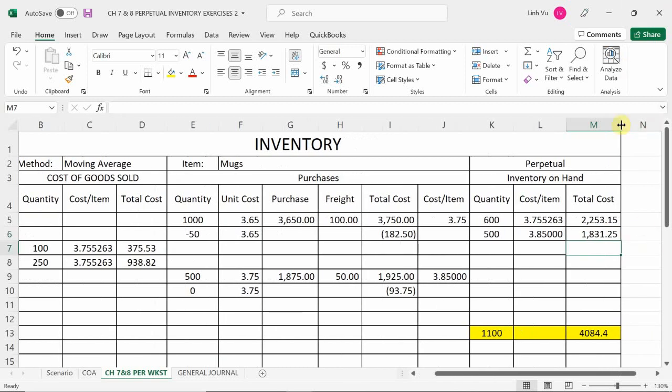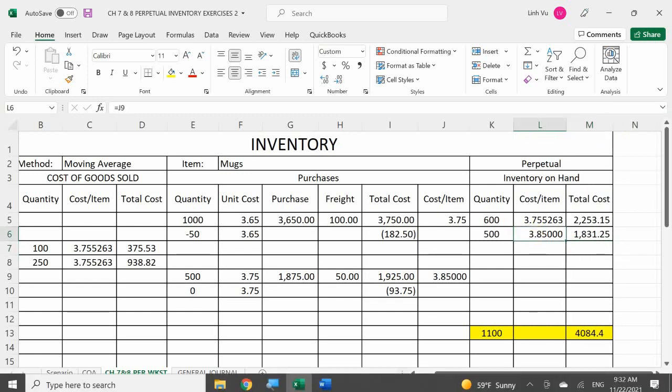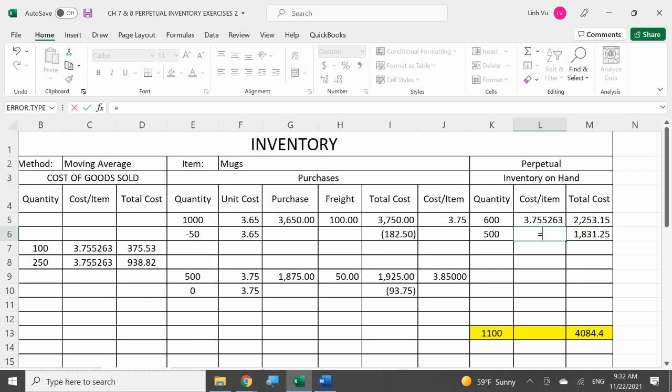So $93 less here. So then what is going to be my new cost per item? It's no longer $3.85, right? It's going to be 1831.25 divided by 500. So what's my cost per item going to be here now?